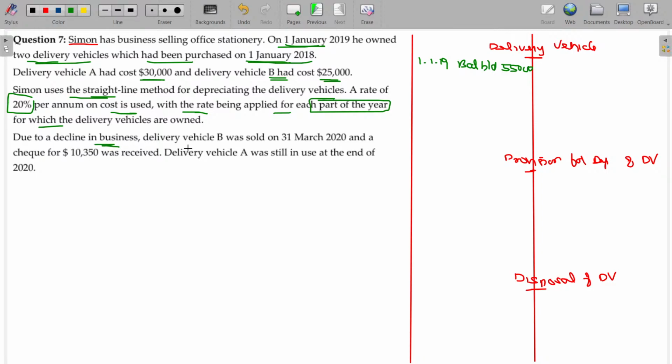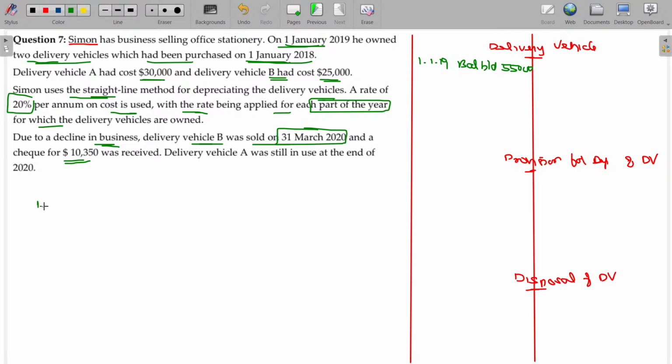Due to the decline in business, delivery vehicle B was sold on 31st March 2020, and a check for $10,350 received. So, whenever the asset is sold, the original value will be transferred to the disposal of delivery vehicle account. Anyhow, this happens in the second year.